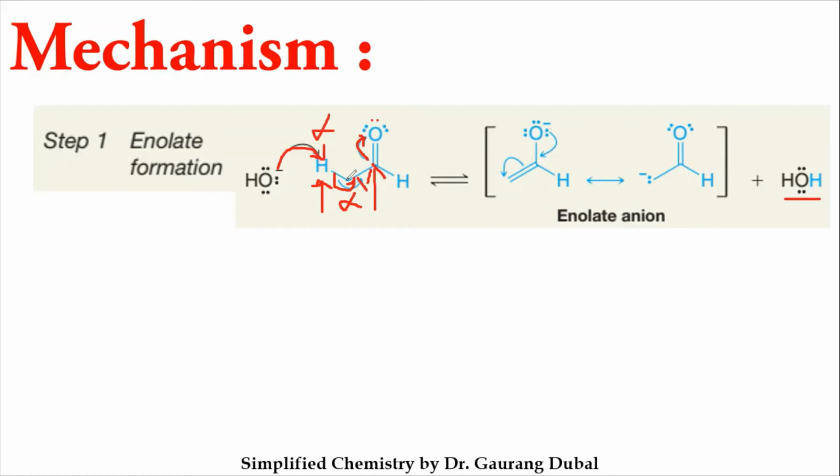The negative charge is here. The carbonyl carbon will become positive, which will lead to the formation of a double bond. So that is called the enolate ion. What is enolate ion? The en means alkene, ol means alcohol. Combination of en plus ol, enolate. That is called the enolate ion.